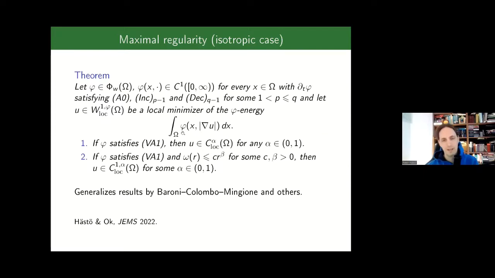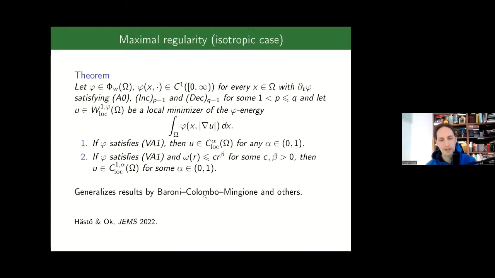So the point is we have this energy phi, and provided these auxiliary assumptions are satisfied, then we can say that this VA1 condition implies Hölder regularity for any alpha, and if this VA1 holds with sufficiently small omega, then we get C^{1,alpha}, that is to say maximal regularity for this kind of problem.